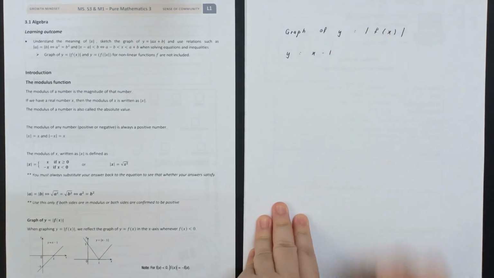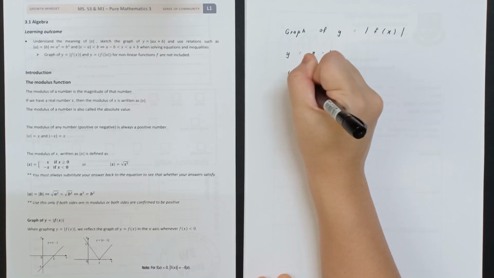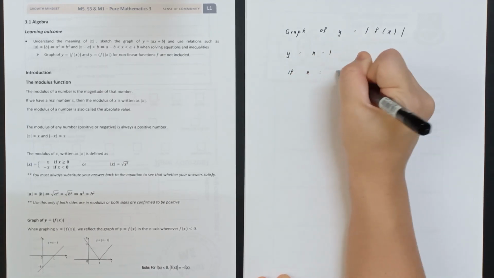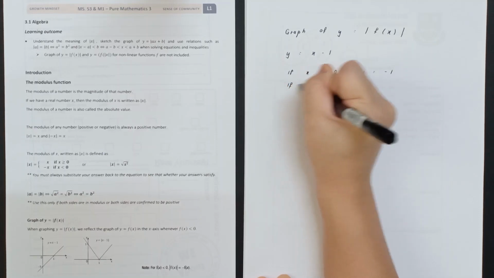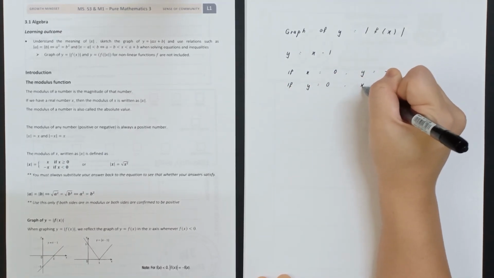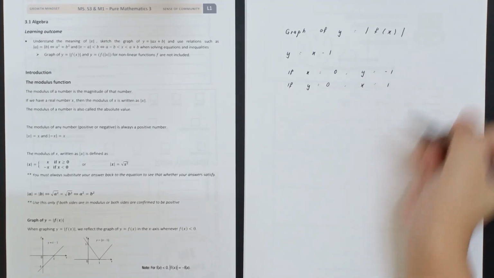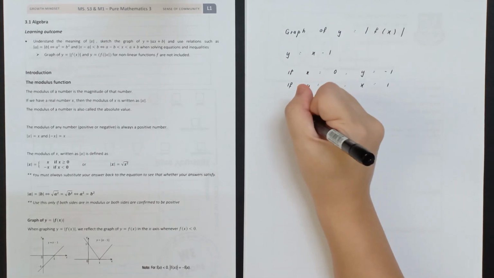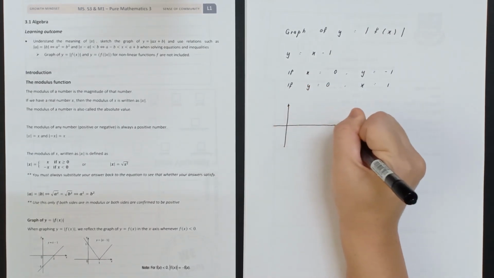Let's do an easier one. If your x is 0, then your y will be negative 1. If your y is 0, then your x-intercept will be equal to 1. If you try to draw this, then you will get something like this.